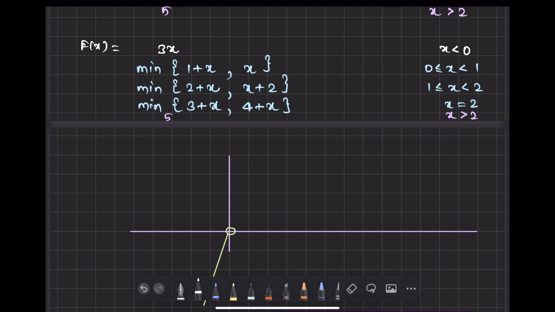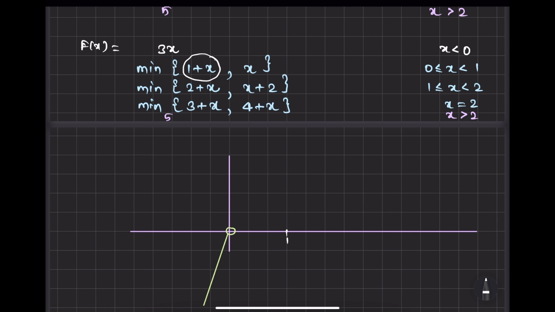Now you have to consider the graph of the next part from 0. Suppose it is 1. Okay, I will draw till this. Now from 0 to 1 we will have this graph and we will have this graph and we will consider the minimum one. Okay, both are straight lines. So first I will draw the graph of this one.